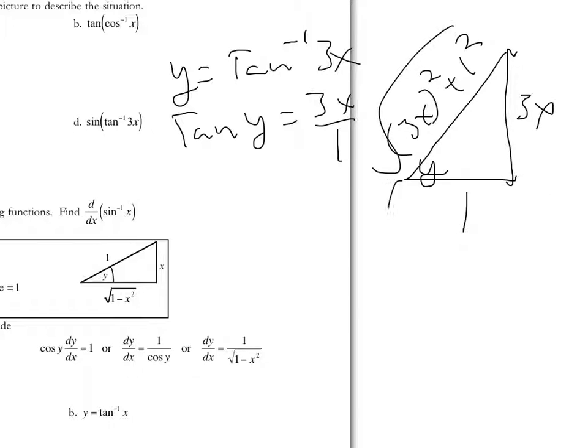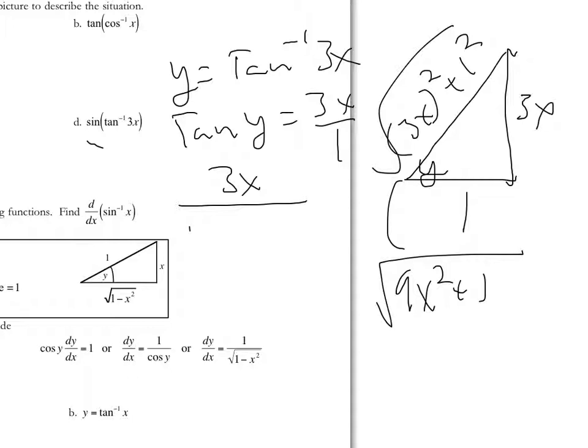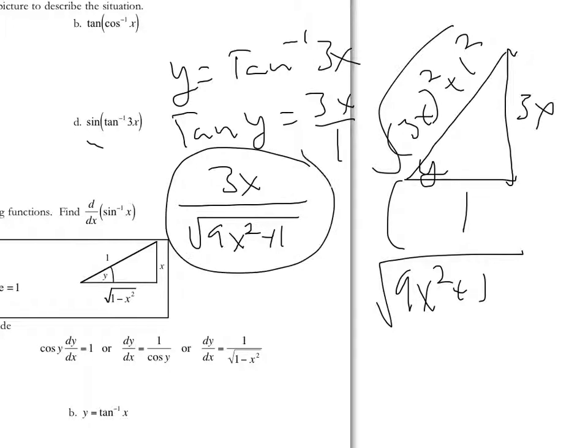So that's really equal to the square root of 9x squared plus 1. Now they're asking us to find the sine. So the sine is opposite over the hypotenuse. So we're going to write this as 3x over the square root of 9x squared plus 1. And we are not going to rationalize that. We're going to leave that right the way it is.